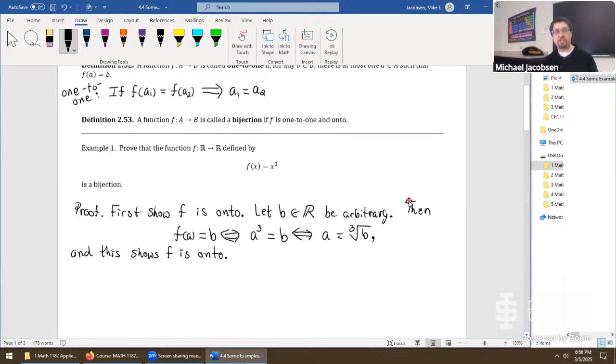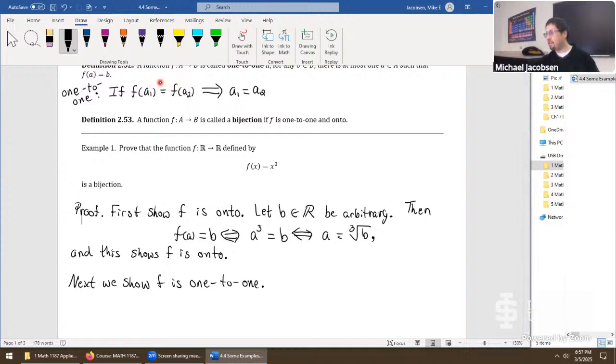Okay, let's attack one-to-one then. So let's say next, we show F is one-to-one, or injective if you prefer. So the essence of one-to-one is we grab these arbitrary elements, and we want to show that they're equal, but we allow them to be arbitrary to start, and we want to conclude equality.